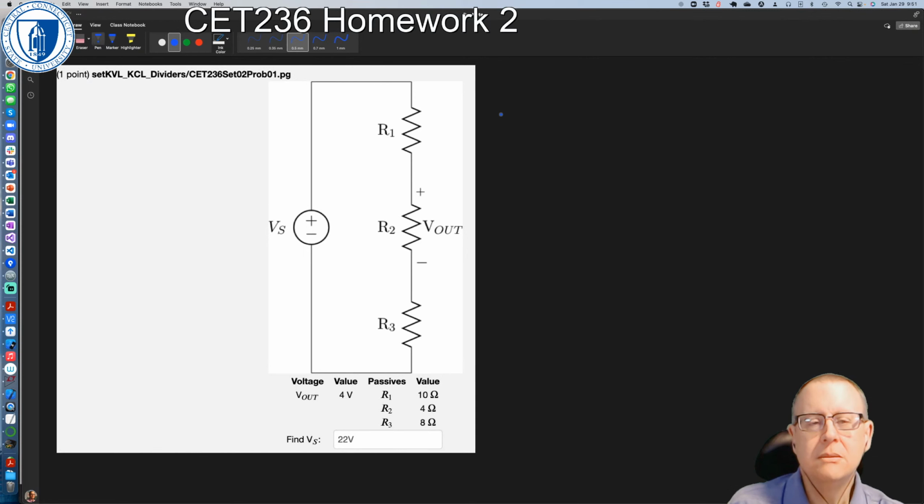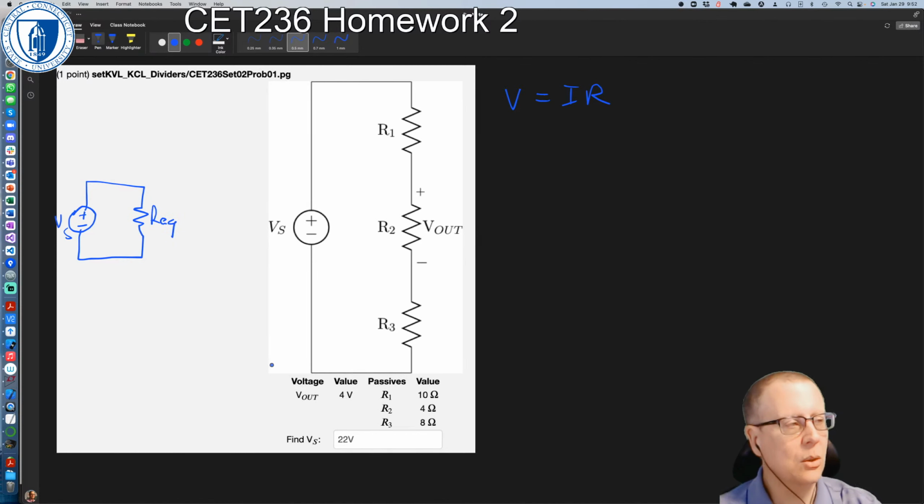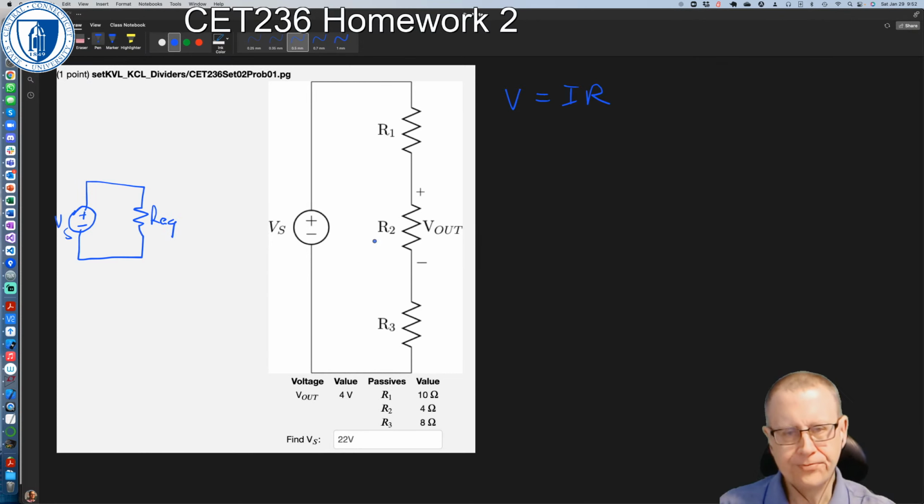Well, we know V equals IR, and we could redraw this circuit just as a Vs and an REQ, a single equivalent resistance.